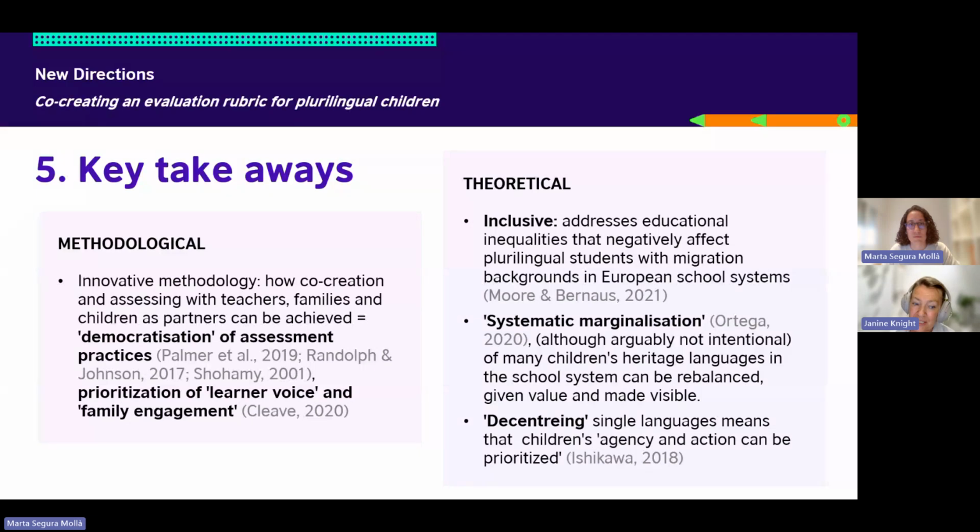It also tries to address the systemic marginalization of many children's heritage languages, and shows how teachers and schools can try to rebalance that, give that value and make that visible. And also in decentering single languages by not naming specific languages throughout the rubric, children's agency and action can be prioritized.